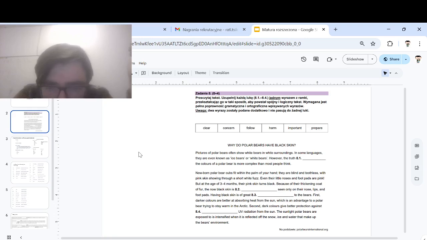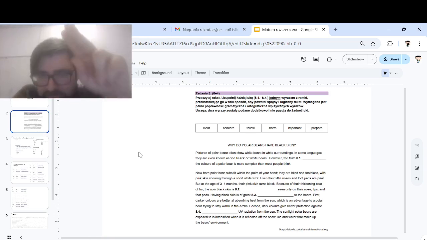Important, no, again, because we don't talk about which one is important, "nie mówimy o ważności tu". And prepare, there is no process to be prepared for, later we are talking about why it's good, right? So the best one here is clear.